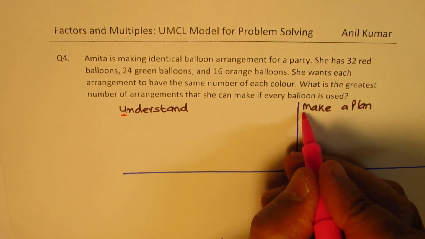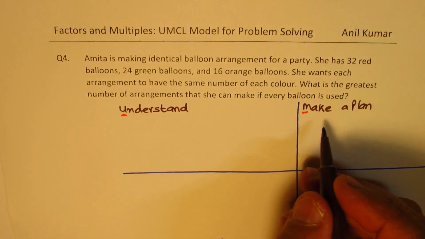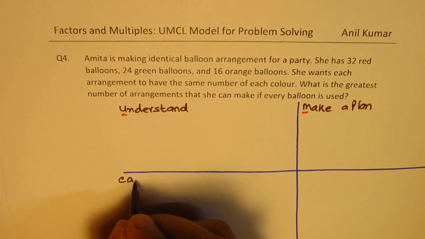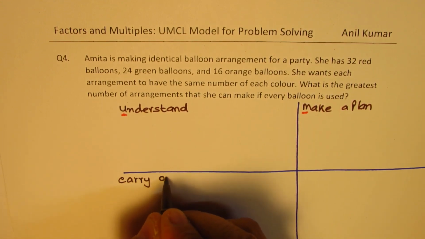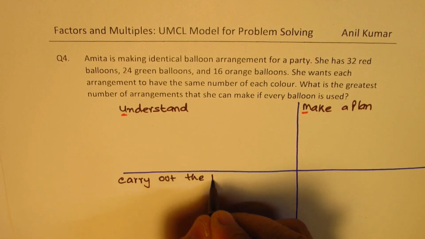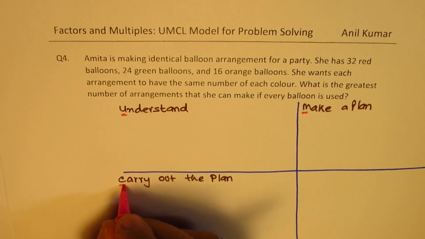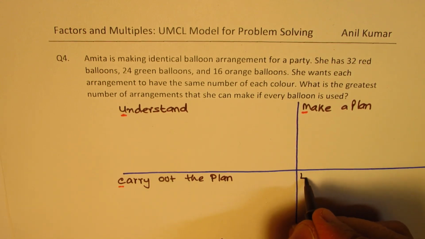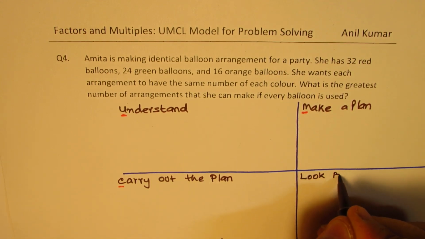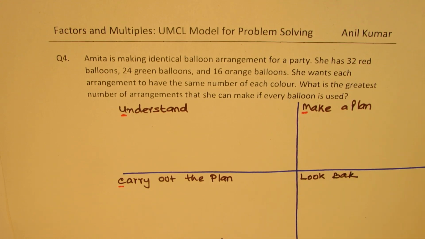So that is for M. Once we have a plan in place, we'll carry out. So this is C. And L is to look back. Did we get the right result? Is this exactly what we wanted? Those are the questions you should be asking at the end. So that is what the UMCL model is.